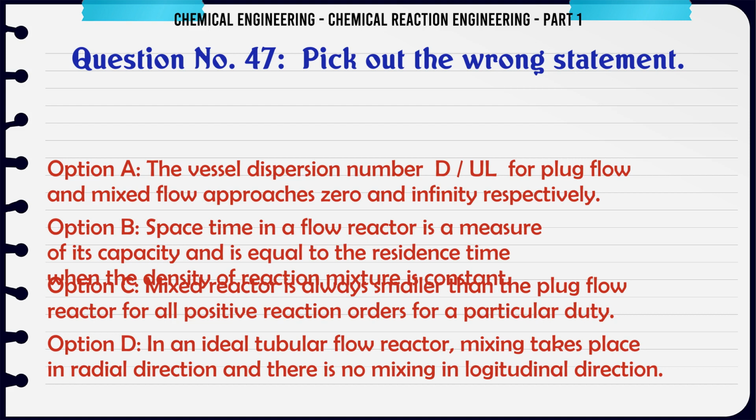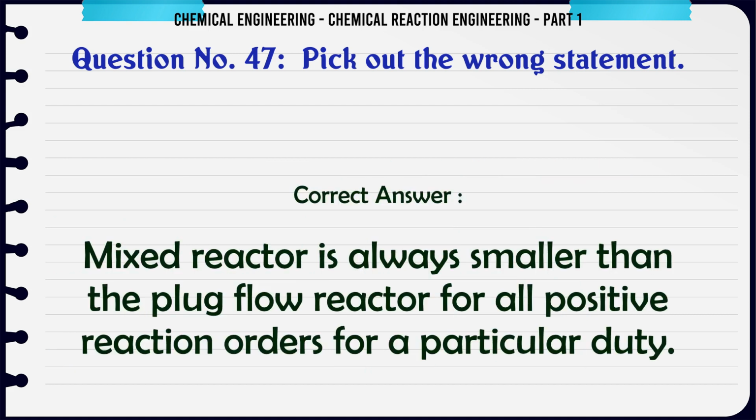C. Mixed reactor is always smaller than the plug flow reactor for all positive reaction orders for a particular duty. D. In an ideal tubular flow reactor mixing takes place in radial direction and there is no mixing in longitudinal direction. The correct answer is mixed reactor is always smaller than the plug flow reactor for all positive reaction orders for a particular duty.